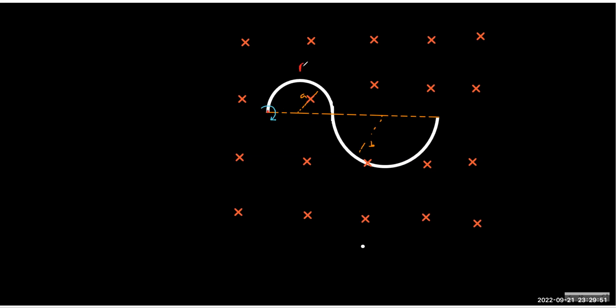So what is the induced EMF in this case? Omega is given, so it is half B omega L square, but L becomes this. That's it. So we have to take the displacement and then do the answer. Okay, that's easy.